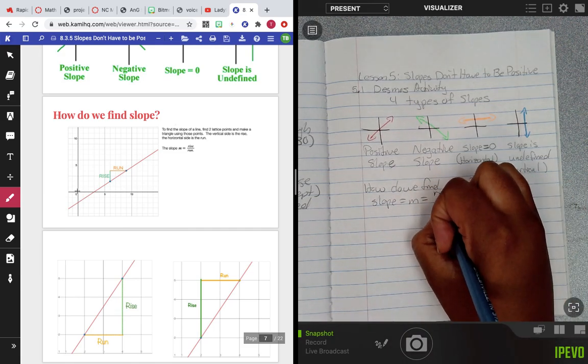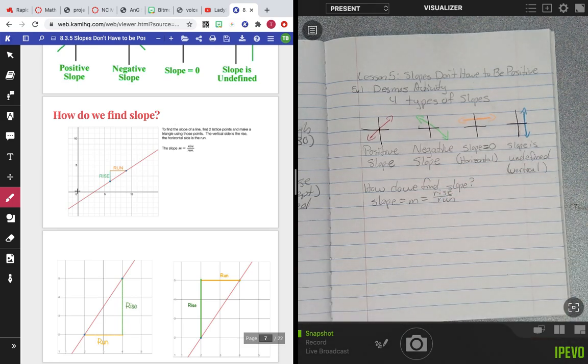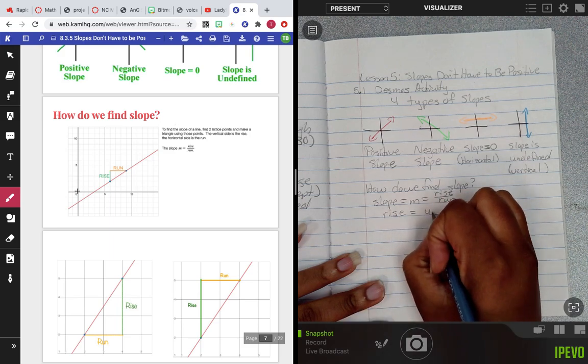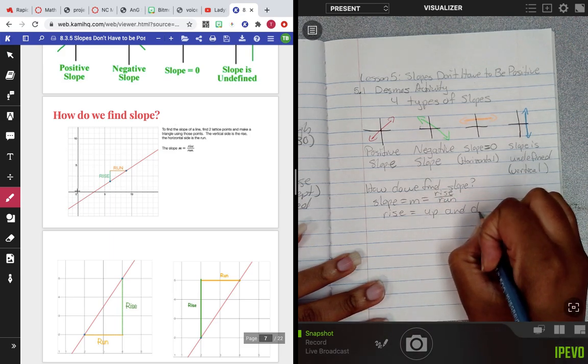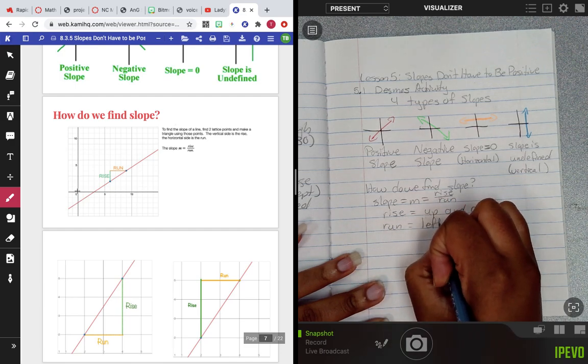You do what's called rise over run. Rise is just referring to how many times you go up or down to get to the next point. And then run is looking at how many times you go left or right. So again, rise is your up and down movement, and run is your left and right movement.